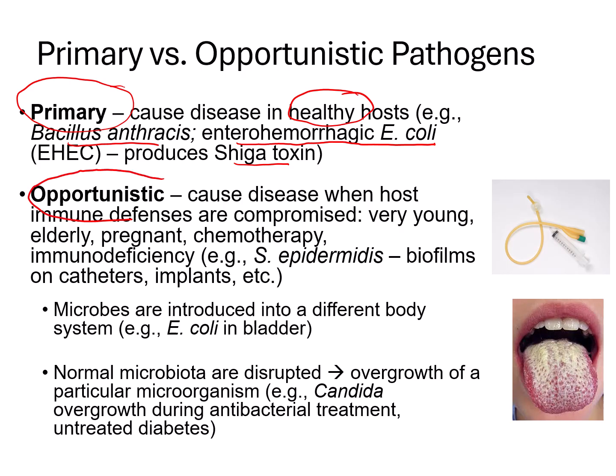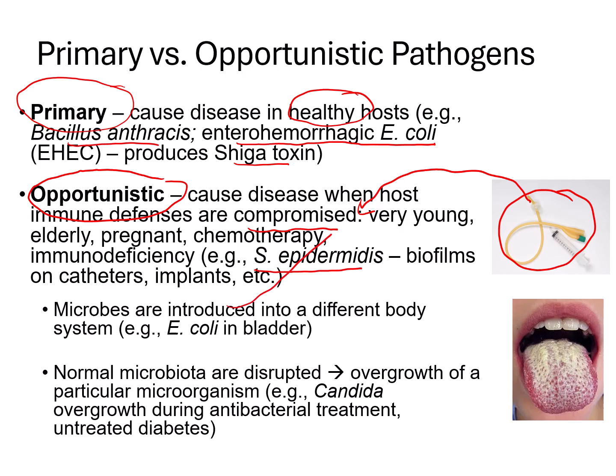In contrast, opportunistic pathogens only cause disease when the host immune defenses are weakened, such as in infants, the elderly, or immunocompromised individuals. One example is Staphylococcus epidermidis. It's normally found on the skin, but it can form biofilms on surfaces like catheters and then be introduced into the body and can be very harmful, especially if someone is immunocompromised.